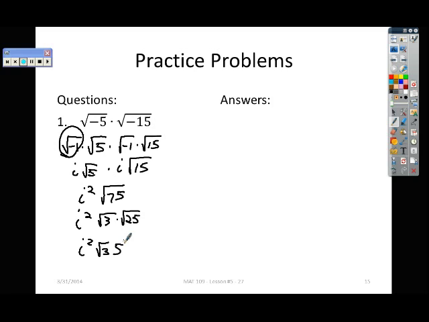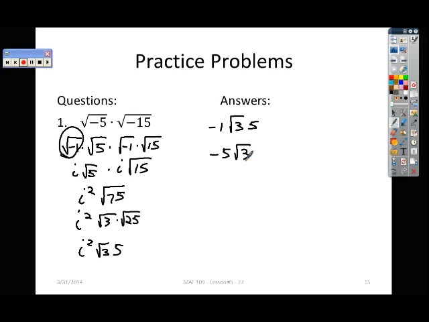Anything else I can do? What do I do with the i squared? Minus 1. And actually, I've got a number here and a number here, so I would really write it this way. And you wouldn't take this many steps, probably.